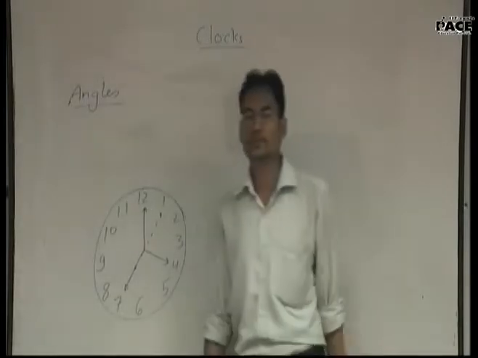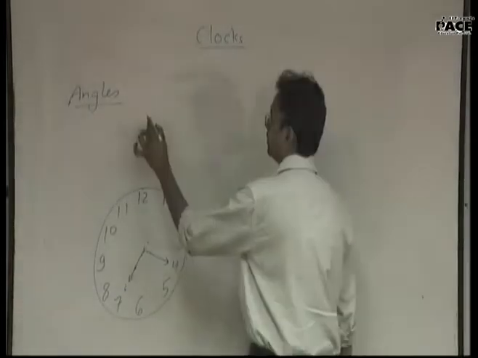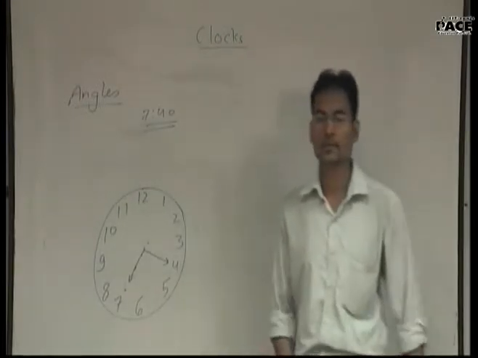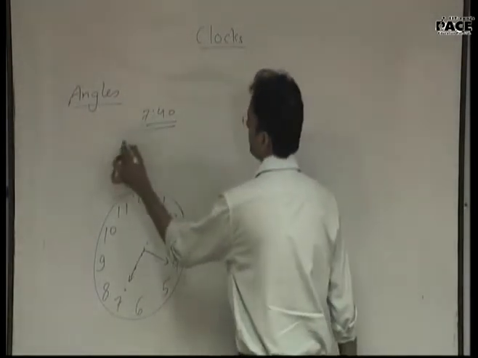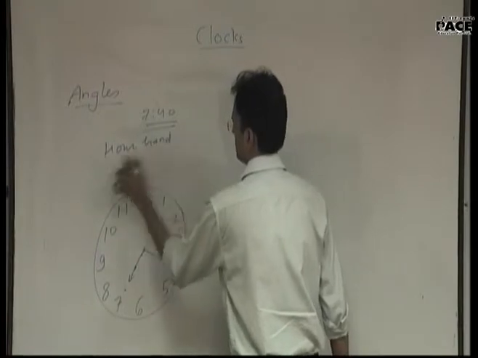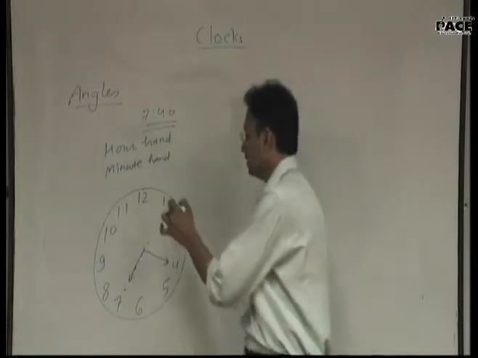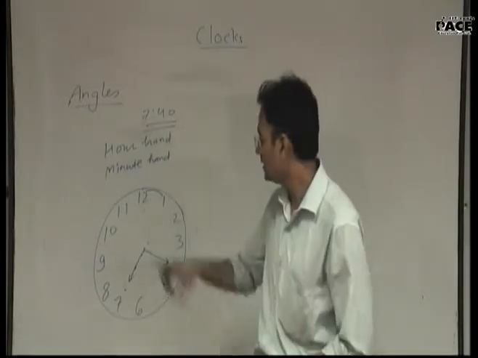Now the angles between two hands. You want to find out the angle between the two hands at 7:20. First we'll find out the movement of the two hands, the hour hand and the minute hand. We have 12 intervals and the total angle is 360 degrees.